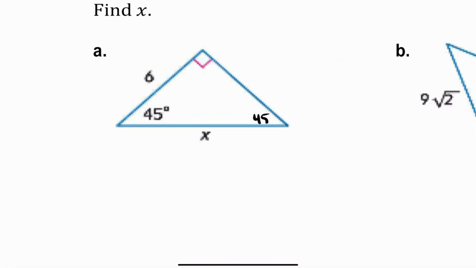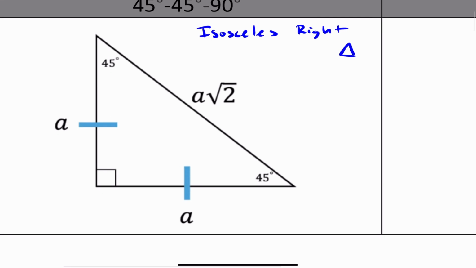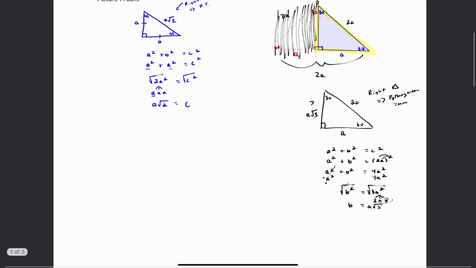So what do we need to do? We're going to label our figure. Across from this 45 degree angle, this side here has to be A, just like this over here. So across from 45, this is A. Across from 45, that is A. And then across from 90, that's A root 2. Keep that in mind.